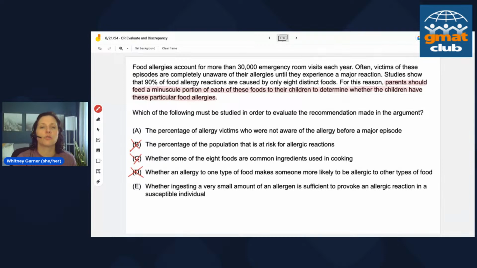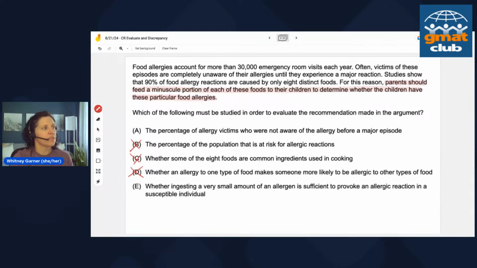If we look at answer choice A, it's another percentage question, which is a little risky in this space. So do I need to know the exact percentage of victims who weren't aware? Well, if we look at the argument, it says often. Often would imply over half or more than none, right? Somewhat frequently.